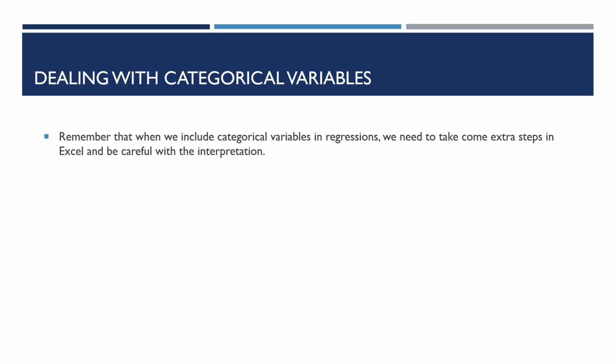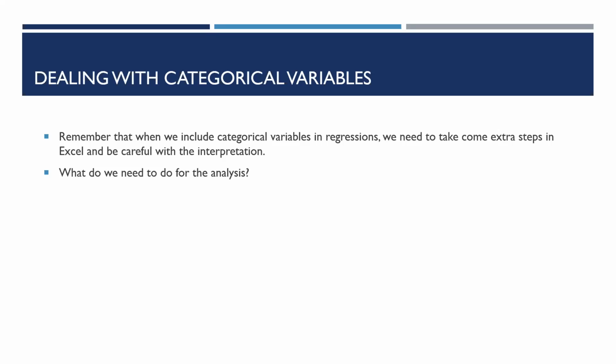All Excel is going to do is look and see that you have values from like 1 to 5 or 1 to 8, and it's going to treat that like a continuous variable. It's going to give you a regression coefficient that has absolutely no meaning whatsoever, but it's a really easy mistake to make. So just pay attention here and be really careful when you're doing your own regressions.